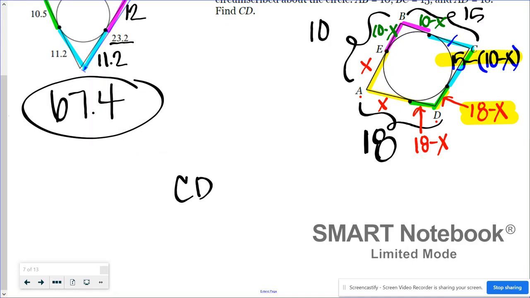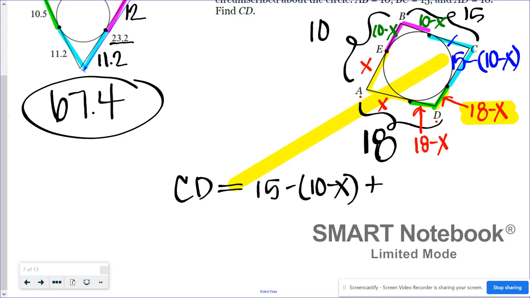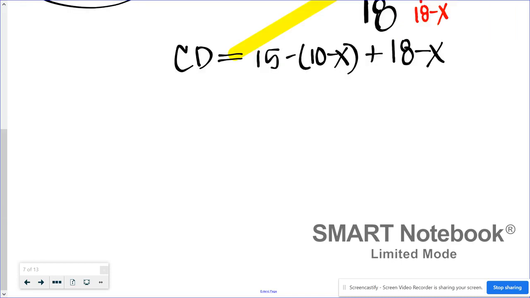CD is the combination of those two segments, so 15 minus (10 minus x) plus 18 minus x. I'm going to clean this up, combine like terms, and what remains will be the length of CD. Be careful when you're subtracting that quantity. Make sure you subtract both parts.